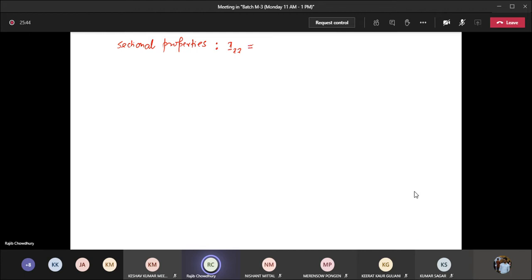Now it is meant for the entire section. So IZZ we have to calculate for the entire section. So IZZ of the I section has already been given as 458.4 multiplied by 10 to the power 4 mm to the power 4. This is already given for the I section.